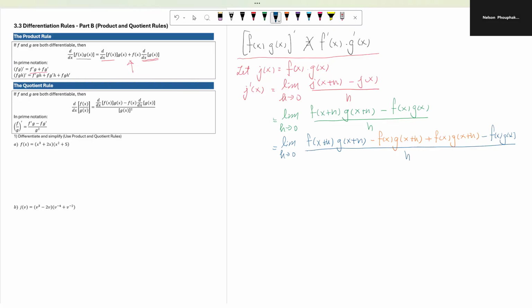Then I'm going to rewrite this into two limits. And now you will see that we have a common factor.